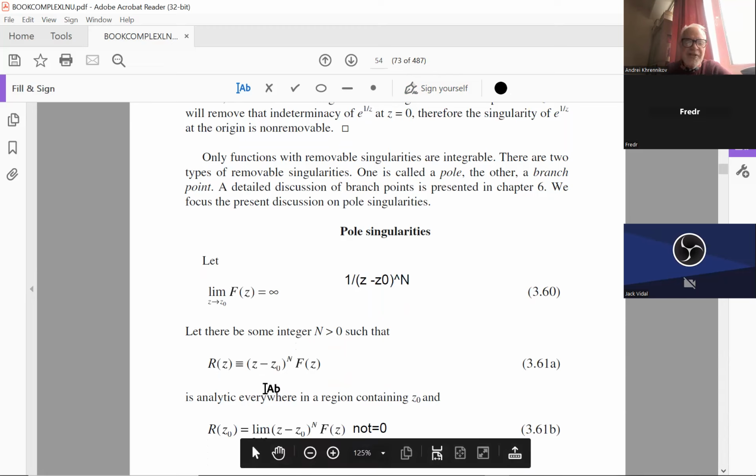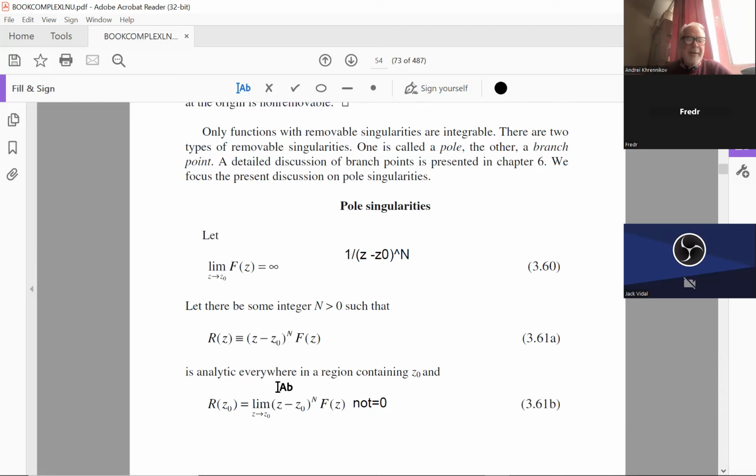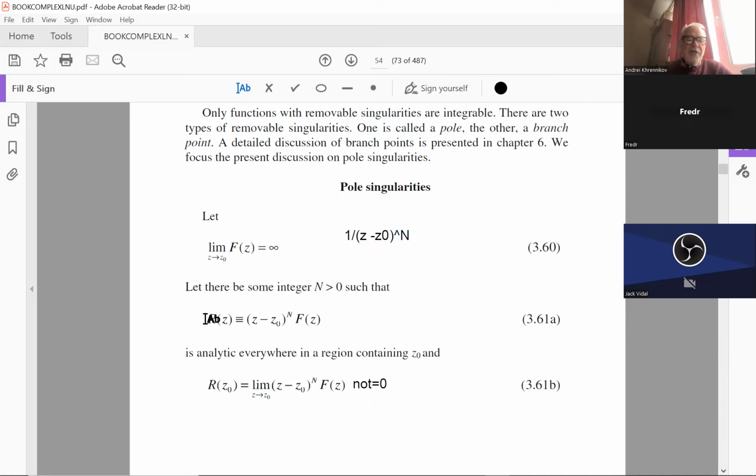It is natural to multiply it by z minus z0 in some degree n, the idea being in some way to remove the singularity. This is our business in future. So now this function would be analytic.